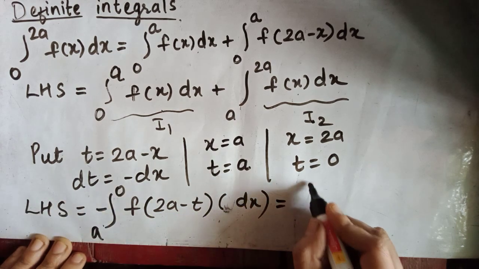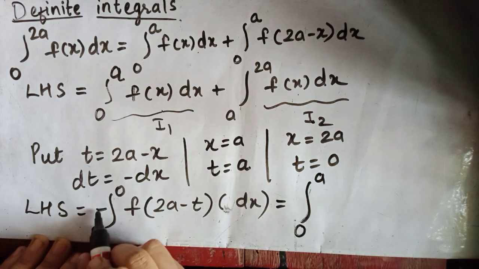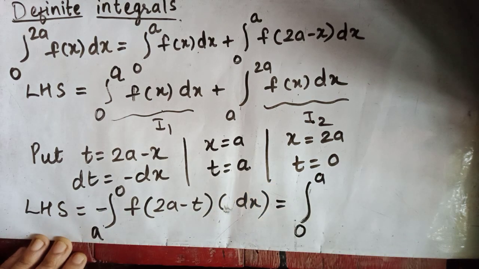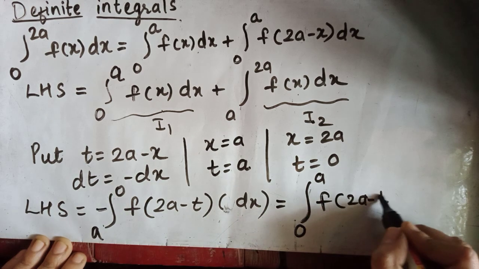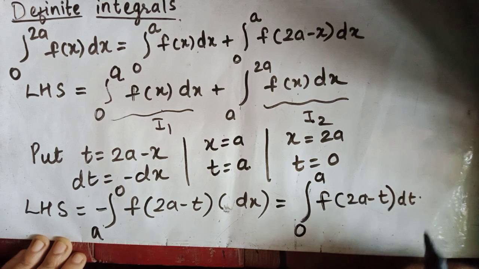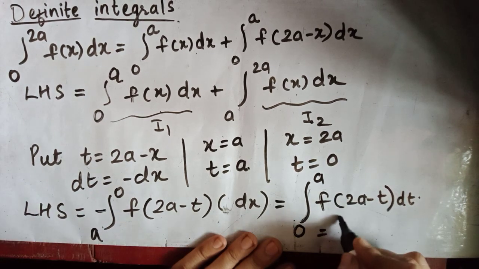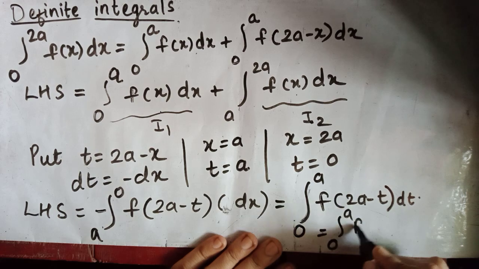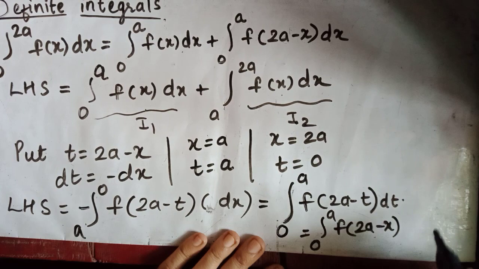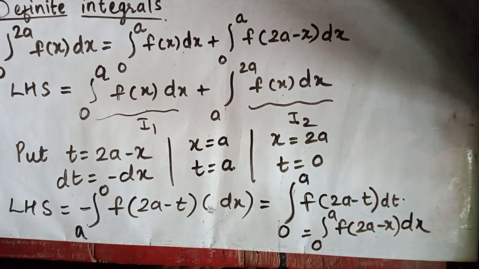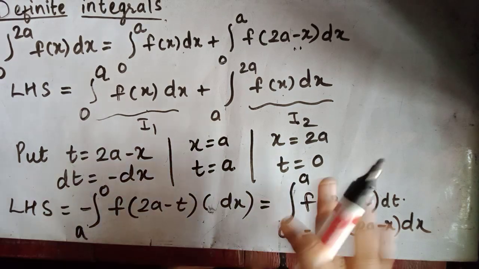Okay, so this will be 0 to a, and the negative gets multiplied with this negative, then it becomes positive. So f(2a minus t) dt. Okay, so this you can write as 0 to a, and you can change t to x using again the property. Okay, so this is our integral. So we got both the integrals.